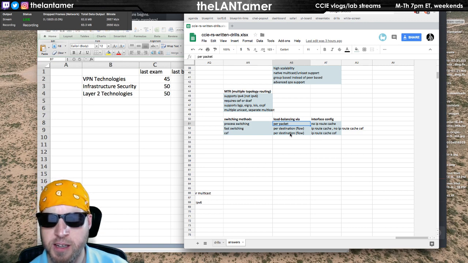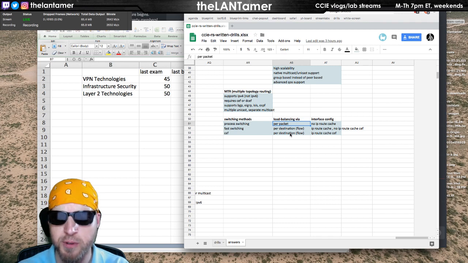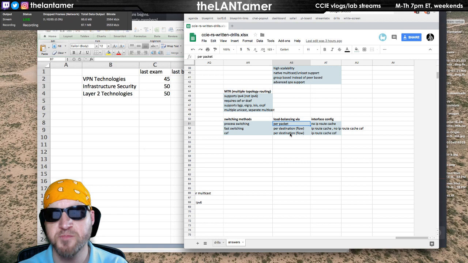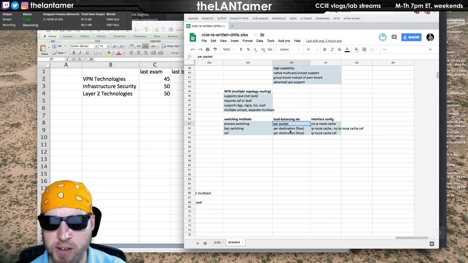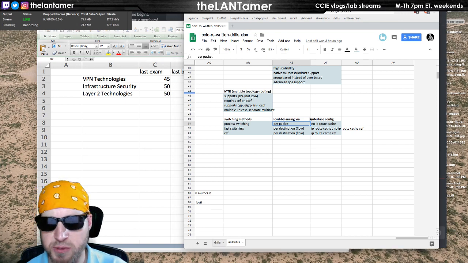You'll have pure load balancing in terms of the number of packets going through. Say you have two interfaces, it should be a pretty even split. But you're going to have a high probability of asymmetric routing and the issues that come with that. And process switching is slower. You have to take up the CPU's time to do this, the central CPU or CPUs.